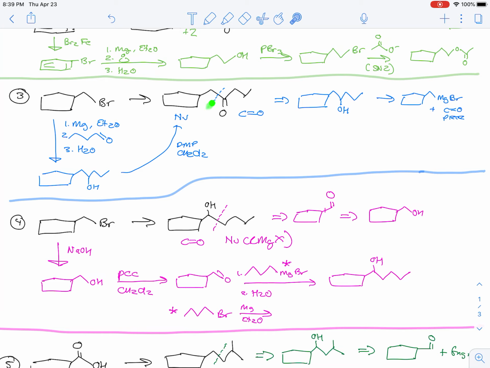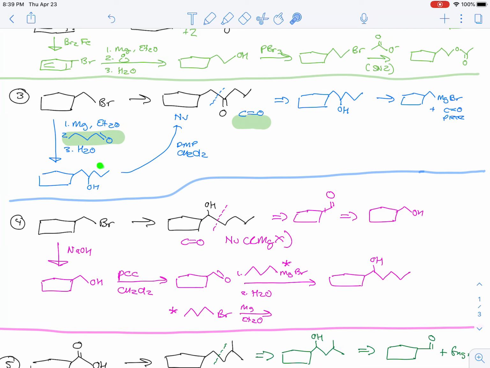So here, since we want to make this bond, and we need the oxygen on the other side, this part is going to be a nucleophile, and this part's going to be the carbonyl. So in order to make this part into a nucleophile, we have to make a Grignard. Then we can add our carbonyl piece. So there's the carbonyl piece.